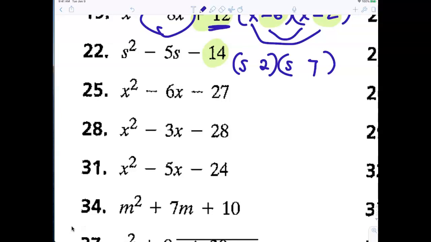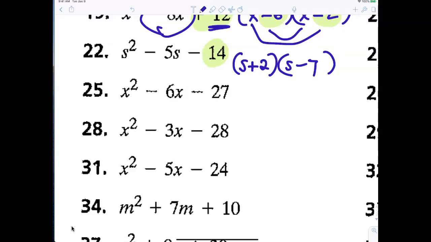Now I want it to be -5, Justice. So the 7 is going to be negative, and the 2 will be positive. All right, now listen. Practice. Like I said, I don't want to do them, you're doing them. Does it matter if I say x plus 7?